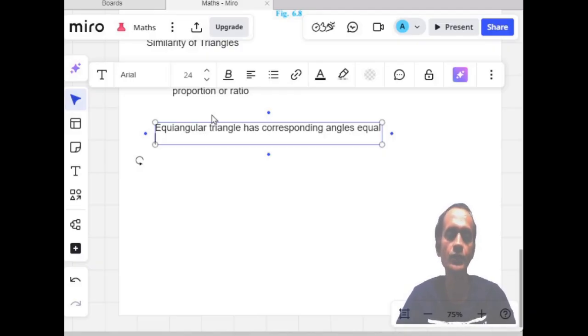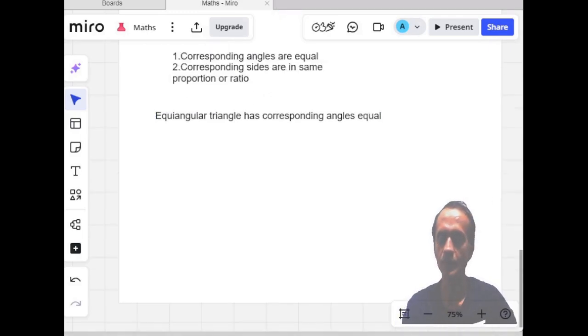And he used the basic proportionality theorem to prove that equiangular triangles always have their corresponding sides in the same ratio. When I say proportional, I mean that the corresponding sides are in the same ratio. So now we will go to the basic proportionality theorem.